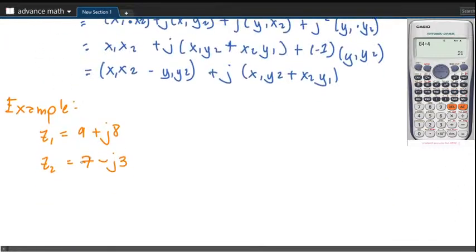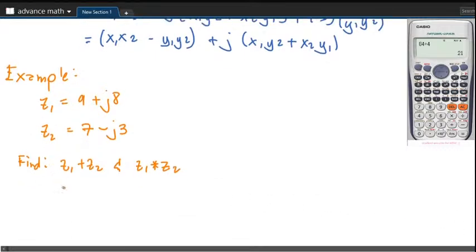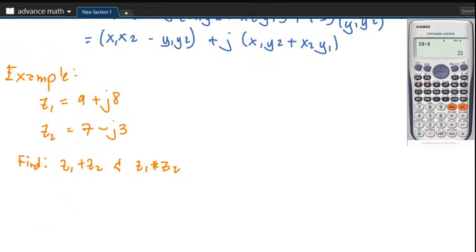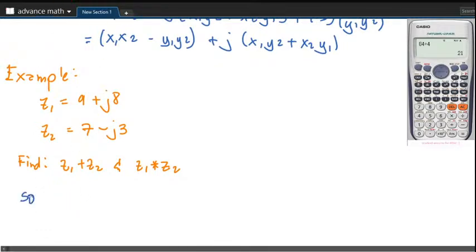So we will try to find z1 plus z2 and z1 times z2. Okay, for z1 plus z2, we will write here our solution. Okay, solution.